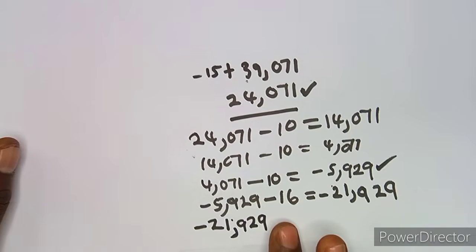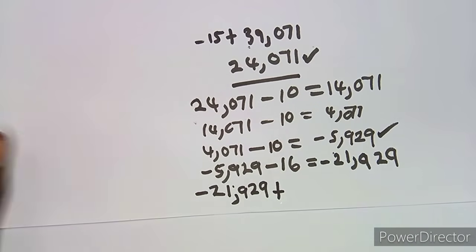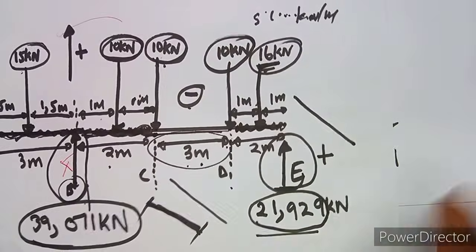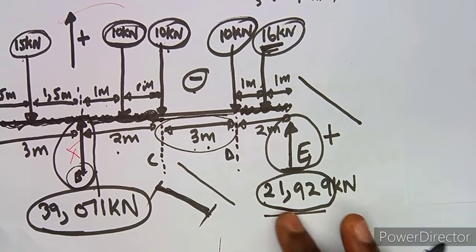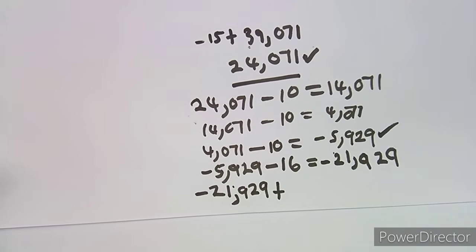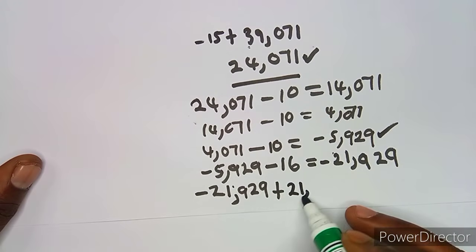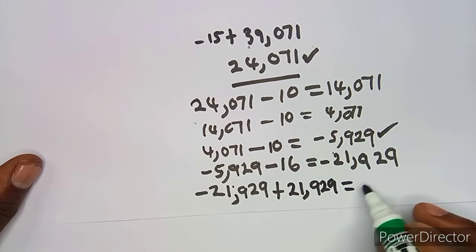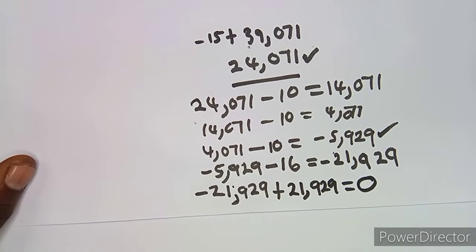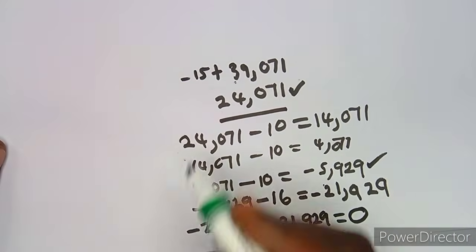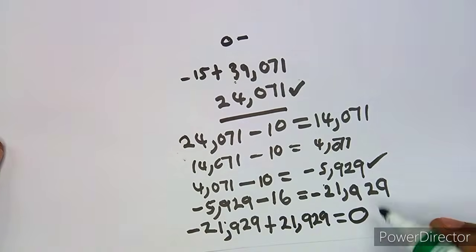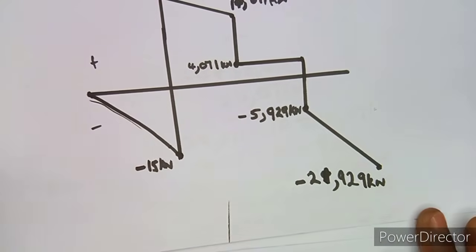We add the force that we have going upwards, which is this reaction here, 21,929, and we obtain 0. If you cross check, you started at 0, then you end at 0.